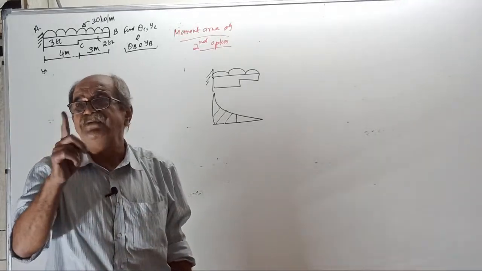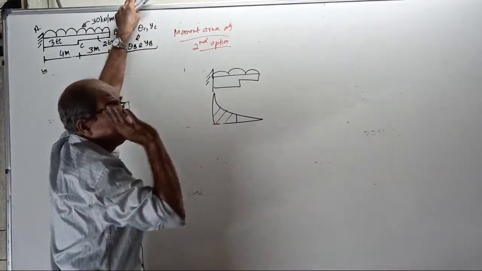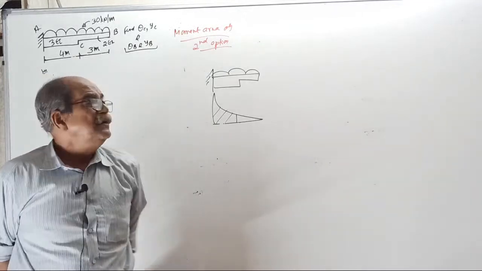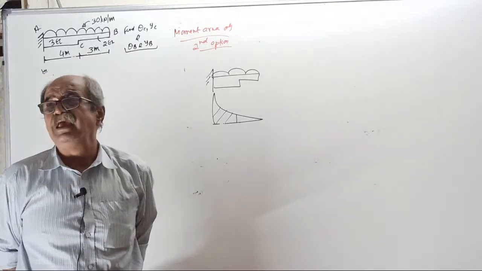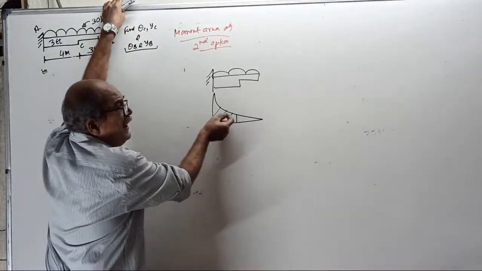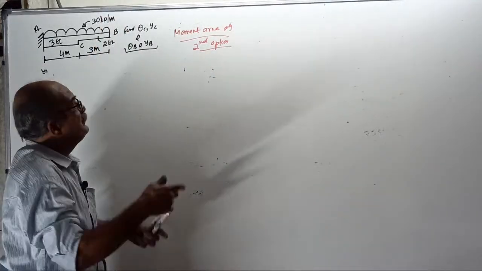People with common sense should not do it. So we are going for integration. Suppose somebody is weak in integration, that strip area is confusing, sir. No problem. There is one more option.